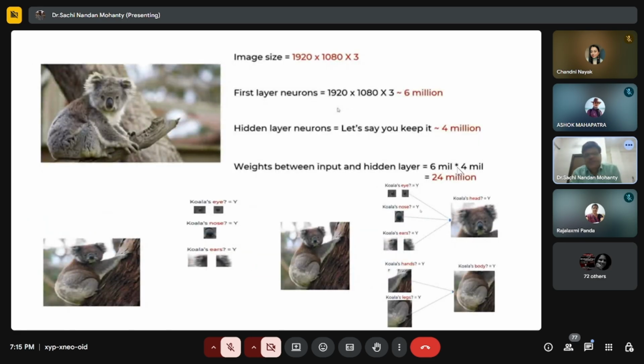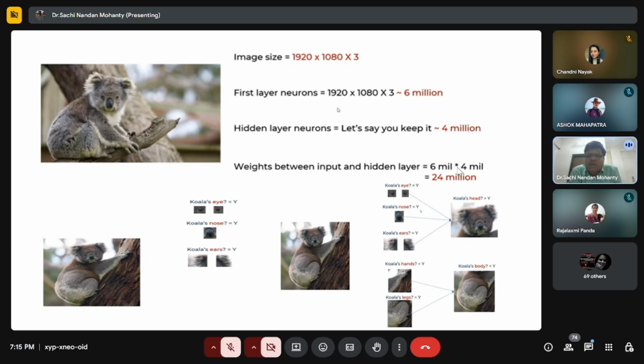Let me consider this one. This is a beautiful animal. We can call it the koala. This type of animal is visible in South Africa. Suppose the image size is 1920 into 1080 into 3, a high quality image. If you use an artificial neural network, it will come to 600 million neurons. Then if you use the hidden layer, it will be 4 million.